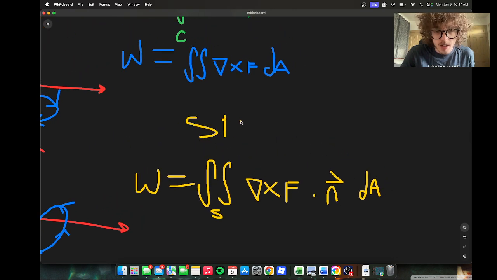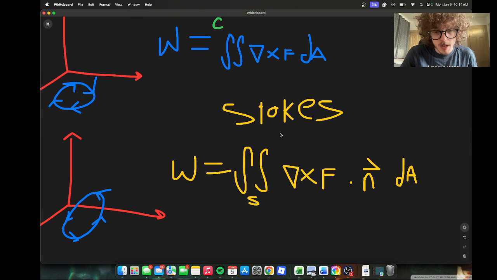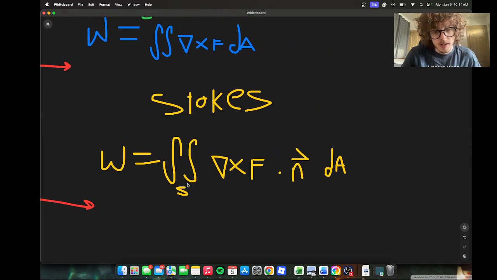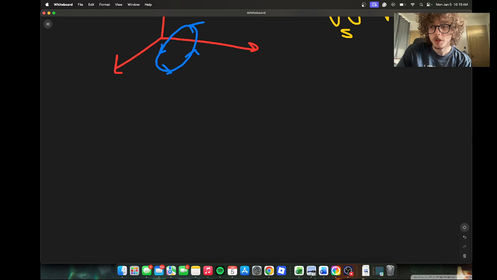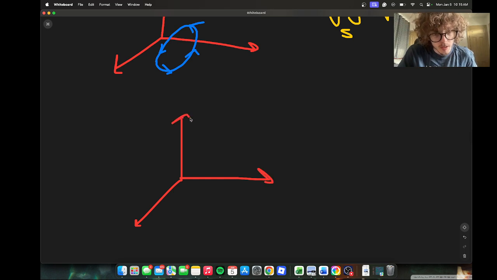And it just says that the work done by a particle traveling through space is equal to this double integral where we have the curl dotted with the normal vector. So all we did is we took Green's theorem and we shifted it. You might also see that you're given a surface instead.